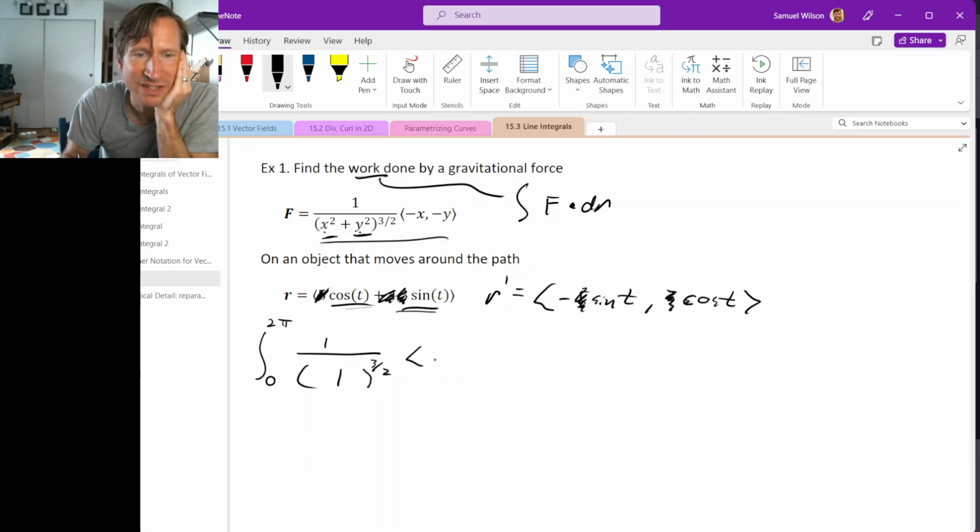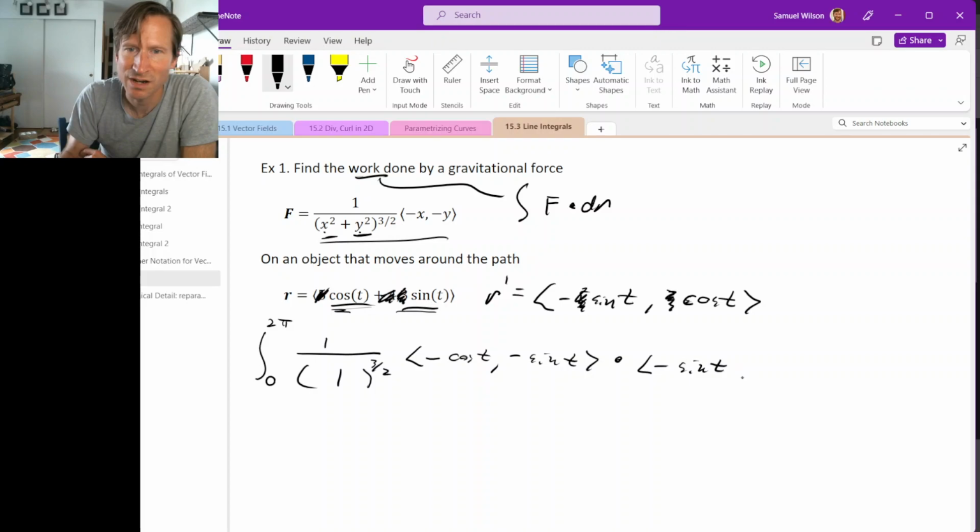Okay, and then the rest of our force field is minus x, so minus cosine, comma, minus y, so minus sine. And then dot that with r prime, so that's minus sine t, comma, cosine t dt.